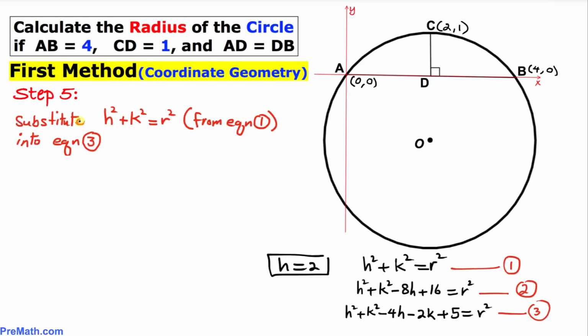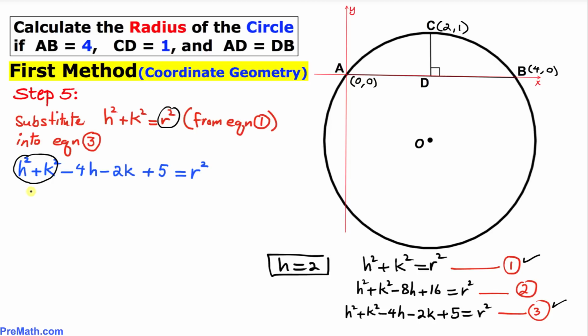In this next step, we are going to substitute h square plus k square equal to r square from equation 1 into equation number 3. Here is our equation number 3. So we are going to replace h square plus k square by this r square.